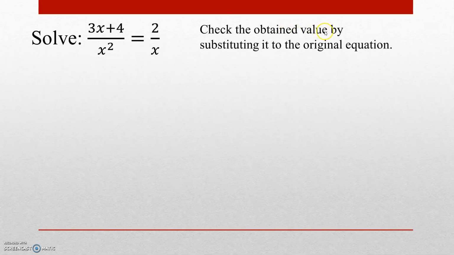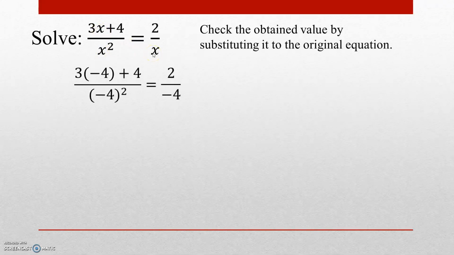Check the obtained value by substituting it to the original equation. So, kailangan daw palitan si x dito ng negative 4. So, ito na mismo yun. Ayan. So, 3 times negative 4 is negative 12 plus 4. The square of negative 4 is 16 equals 2 over negative 4.